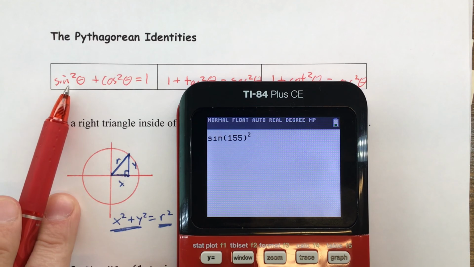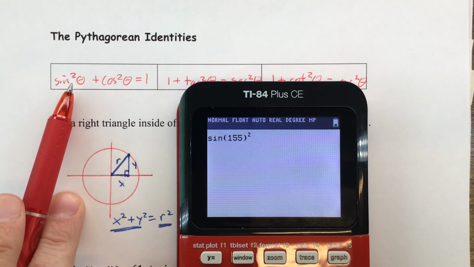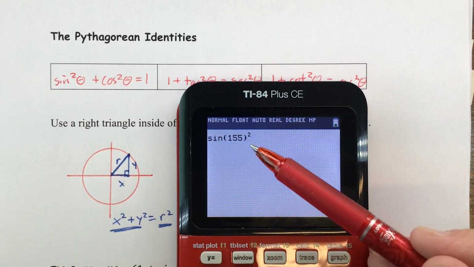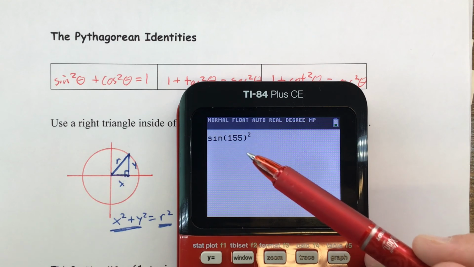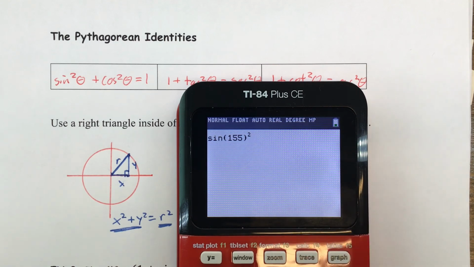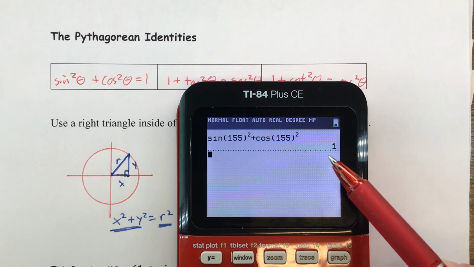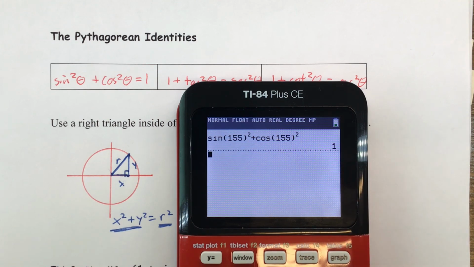You can't actually type it that way. This is the notation we use on paper, but this is how it'll look in the calculator. All right, so if we take the sine of 155 and square it, plus the cosine of 155 squared, we get exactly 1. And you can do this with radians, and you can do it with negative angle measurements, you can do it with anything. It will always turn out to be 1.